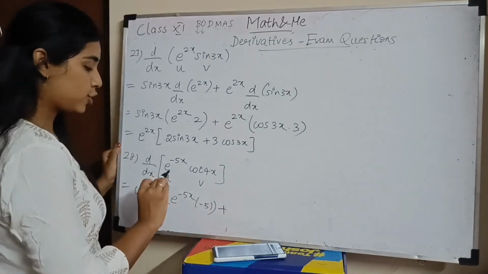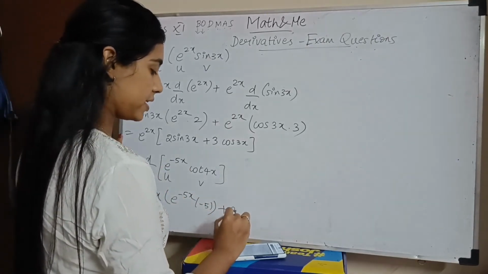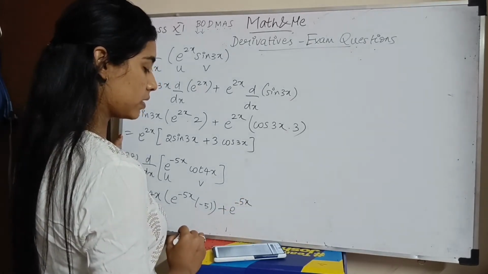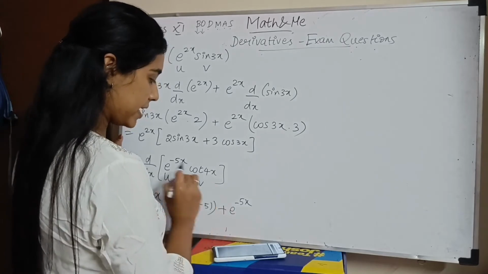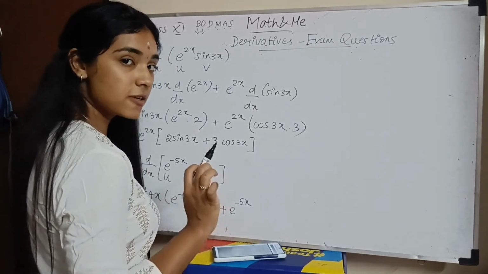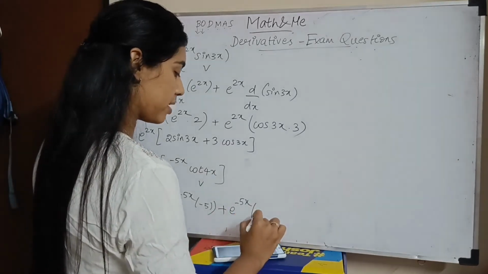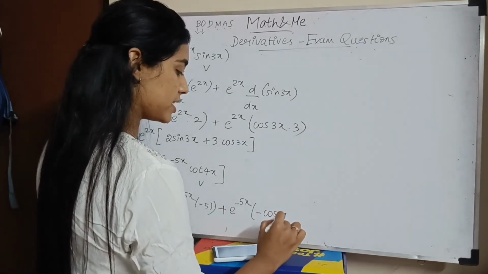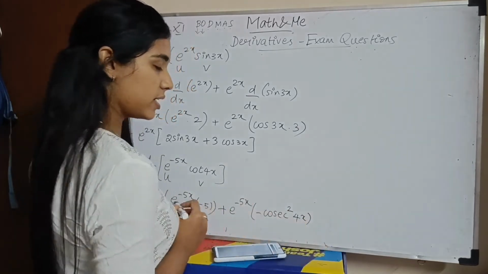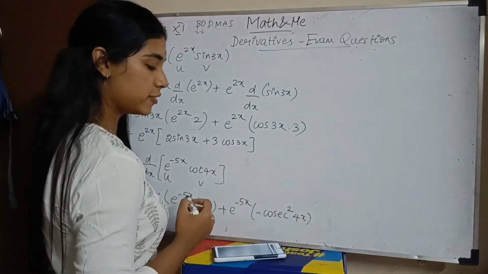Plus u v dash. So you have e to the minus 5x times d by dx of cot x. What is the derivative of cot x? Minus cosecant square x. So you have minus cosecant square. What is your x? 4x. In turn, you have to take the derivative of 4x.